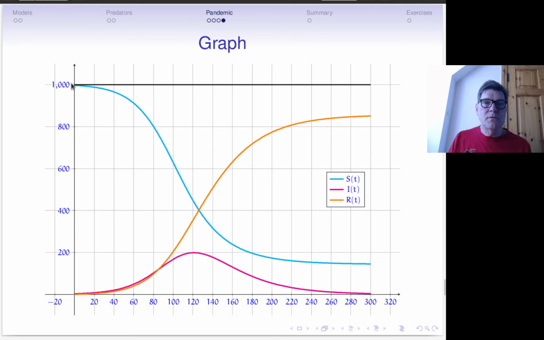Starting at 1000, in blue here we see the S curve, the susceptible class. We see in orange the recovered class, which grows to a certain part, and then in red here we see the infected class, which grows somewhat exponentially, I'd say, at the beginning, then reaches a peak and then slowly dies out over the 300 days.